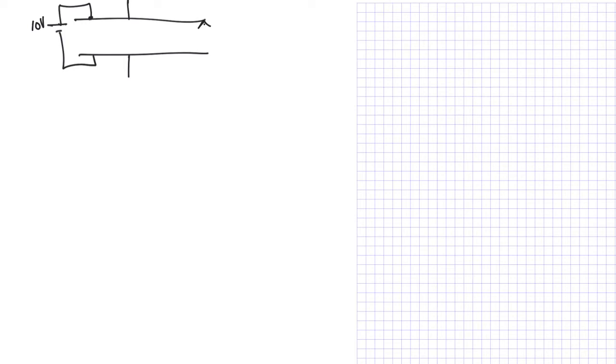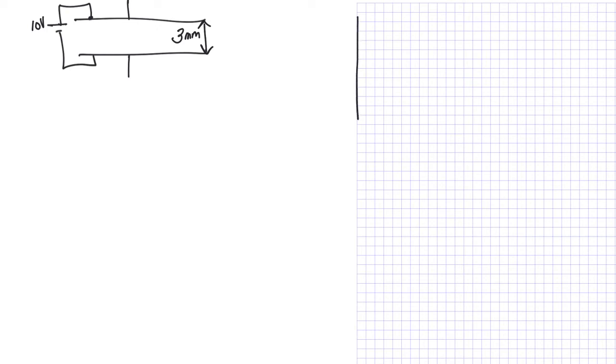It said that this was 3 millimeters, and then they put a slab in between. It was metal. But I want to look at what the graph of the potential versus the distance between the plates looks like. We're going to start with just air, okay?